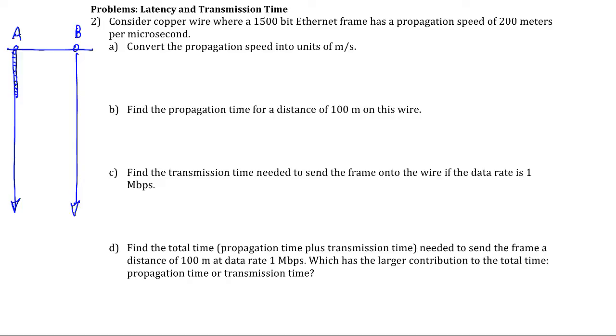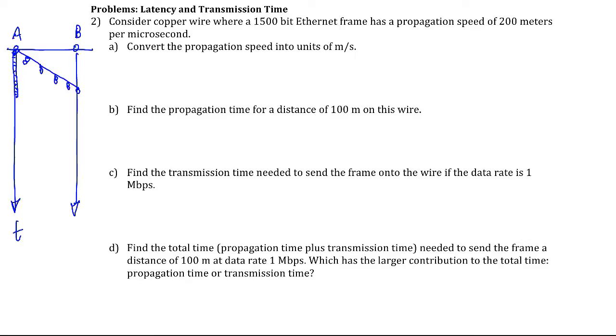Here's the first bit, and the first bit is going to propagate from point A to point B. As time progresses, the bit moves from A to B. The second bit on the line follows closely behind the first one.